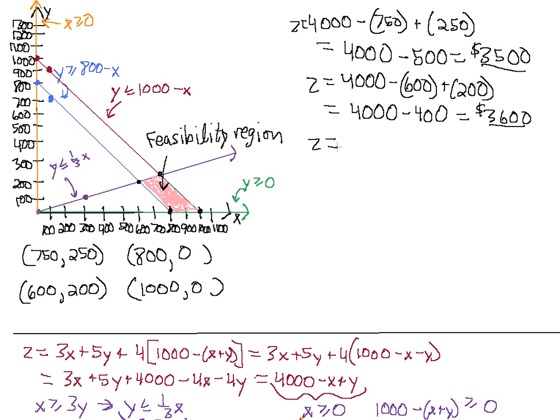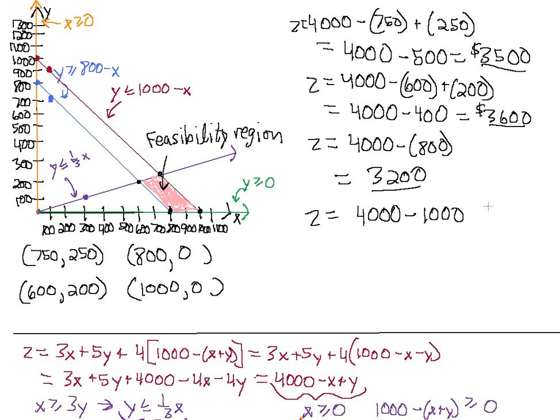All right, we have 2 more, so let's go ahead and use 800 and 0. So 4,000 minus 800 for x, and we don't even need to write the 0 because it's understood. So we have 4,000 minus 800, which is 3,200. That's our third value. And then we have z equals 4,000 minus x, which is 1,000, plus 0. So this will just give us 3,000.